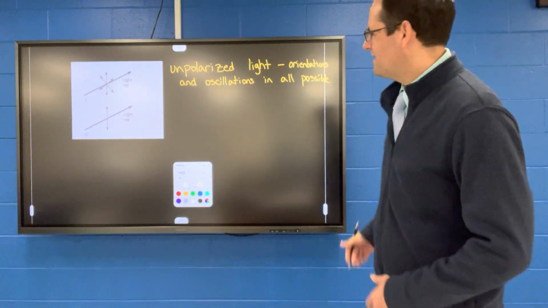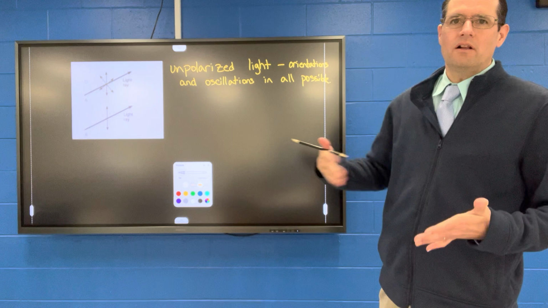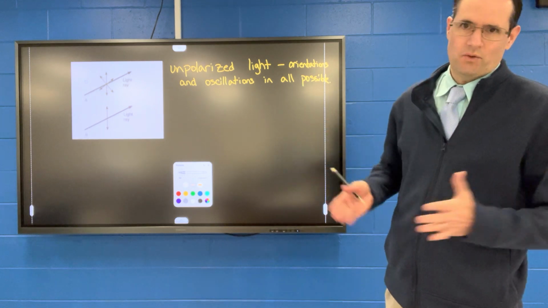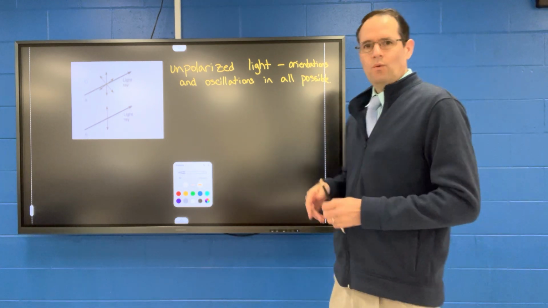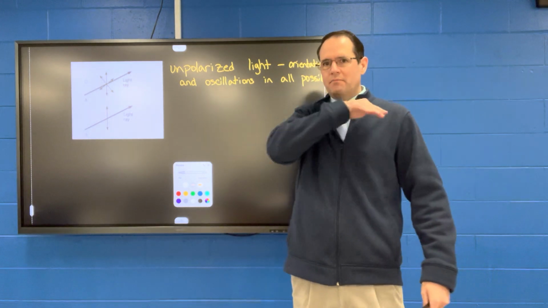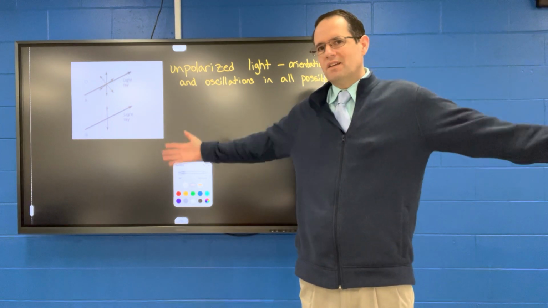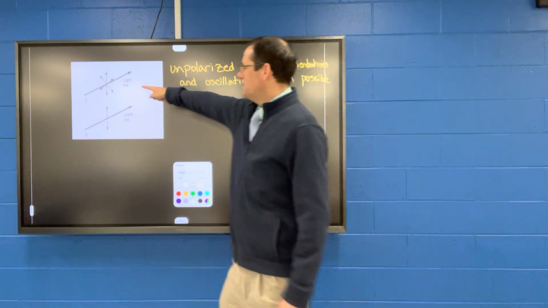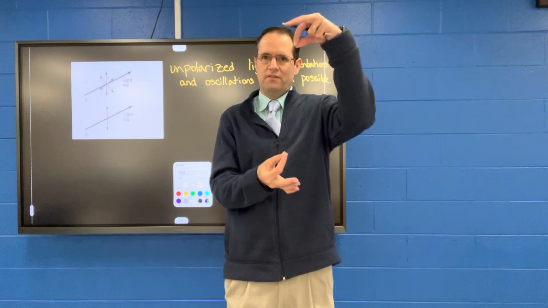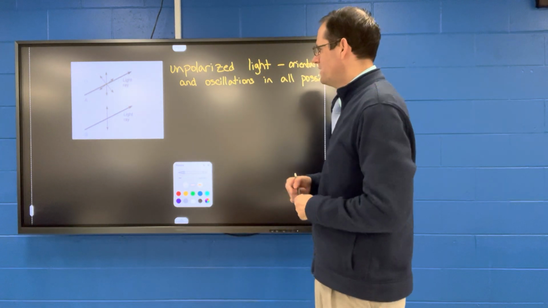One part of the light might be going like this, another part might be going like this, another part like this, and all those combined are indicated with this diagram. Notice the use of the double arrows to show how they're oriented in all different possible orientations.